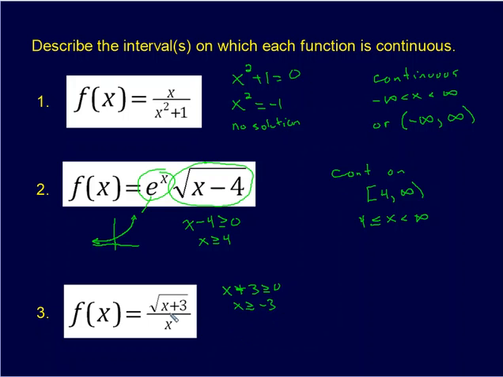However, we also have to divide by x, and we cannot divide by x if x is 0. So my other restriction is x cannot be 0. Now that brings up a bit of a problem because 0 is within this interval of all numbers greater than or equal to -3. So what we're going to have to do is break this into two intervals. We'll start with the numbers that are greater than or equal to -3, but less than 0.